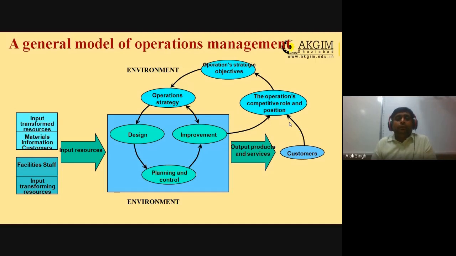Based on that operations competitive role and position, you decide your objective, meaning what you will deliver and what your USP would be. So operations strategic objective is what you decide. What is an objective?